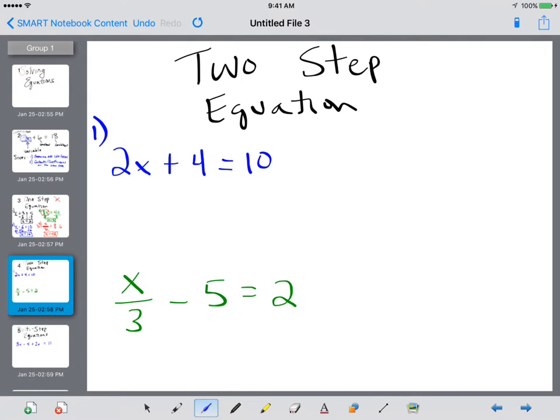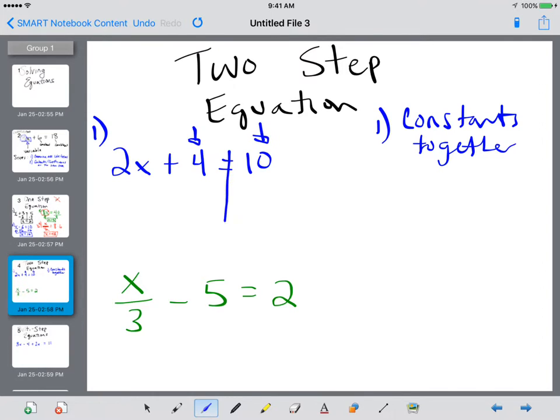And to solve a 2-step equation, we first need to get the constants together on the same side. So if you notice, I have this constant 4 and this 10. I want to get them together on the same side, and I'm going to put them to the right side.